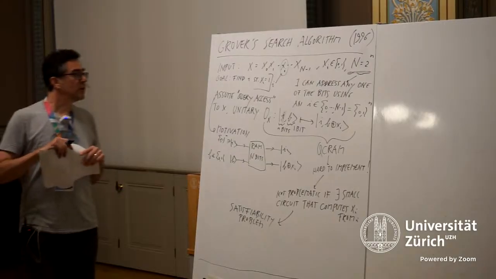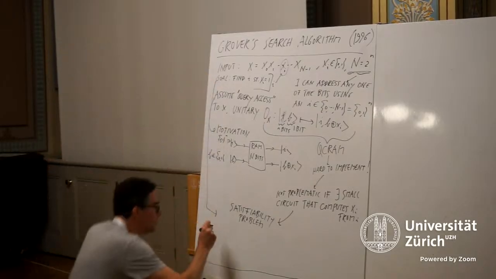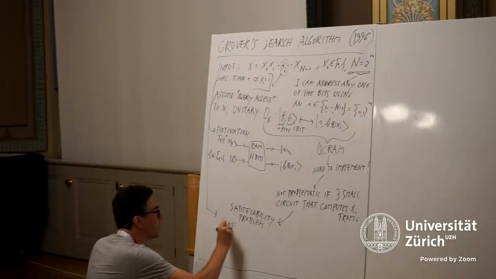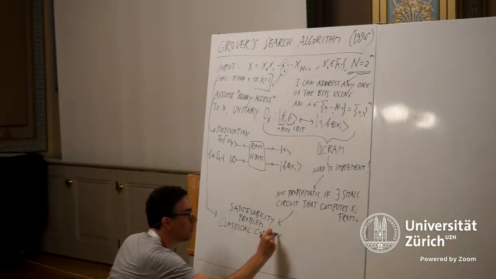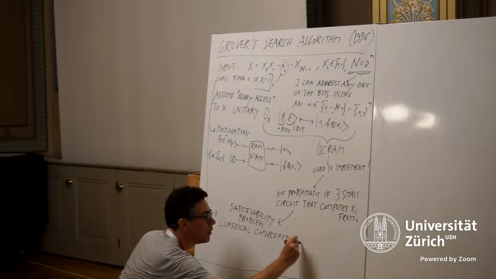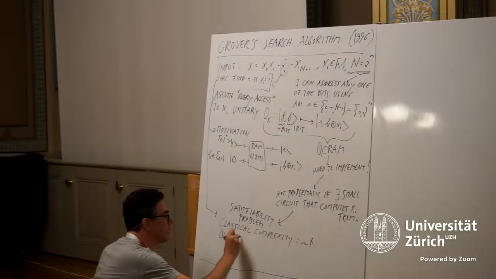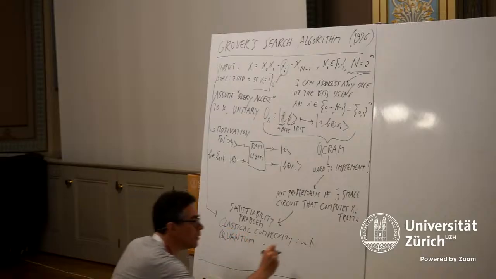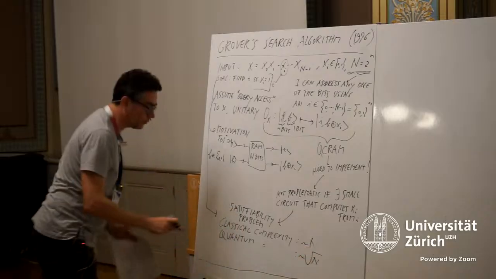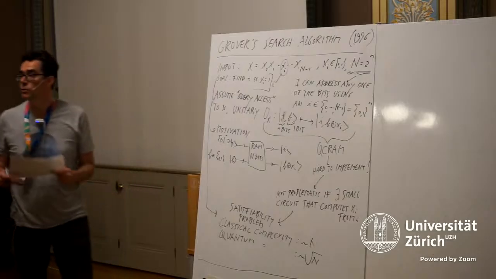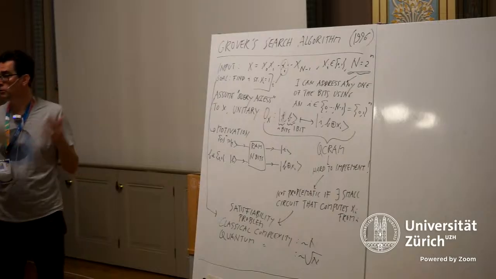So the classical complexity of solving this goal is linear in N. And the quantum complexity is going to be square root of N, capital N. So the goal of this hour is just to explain how this algorithm works. How you can search through this large search space in a time that's proportional not to the search space itself, but to the square root of the size of the search space.